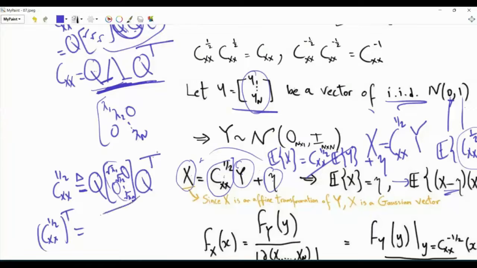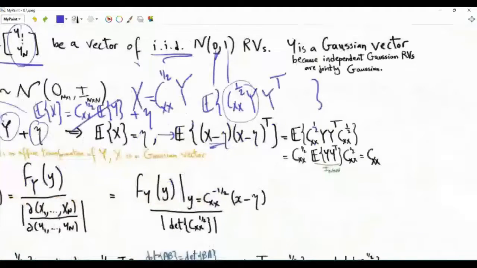Q transpose transpose is Q, and a diagonal matrix transposed is itself, then Q transpose. You get the exact same matrix. So Cxx to the 1/2 is also a symmetric matrix, and we do not need to write the transpose.